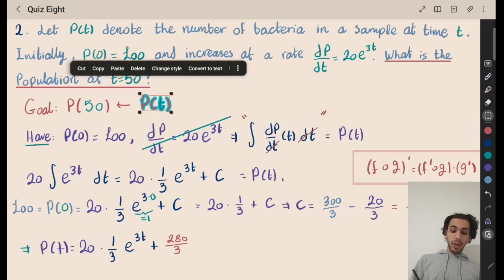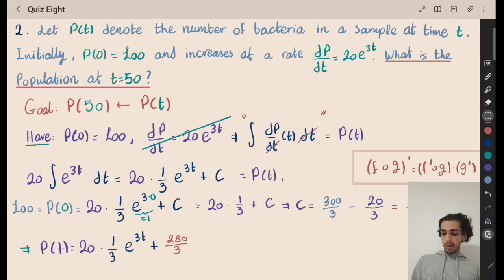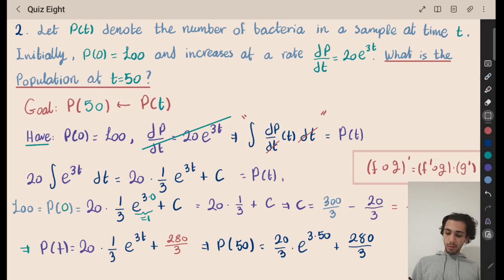Okay, we have our P of t, then computing the final result should not be a difficult task. I just write P of 50 will be 20 over 3 times e to the 3 times 50 plus 280 divided by 3. Yes, I just noticed something.